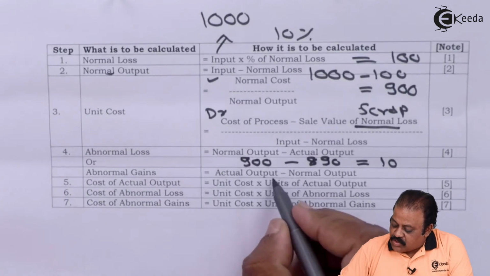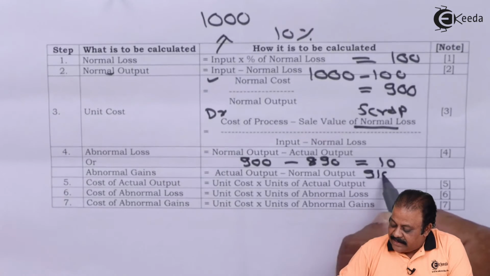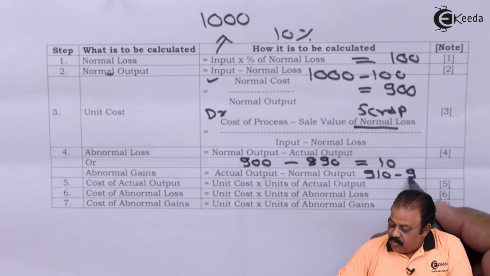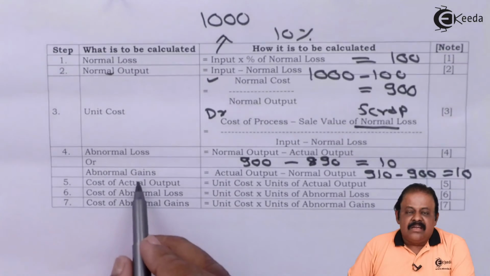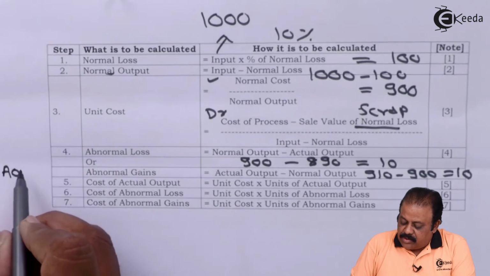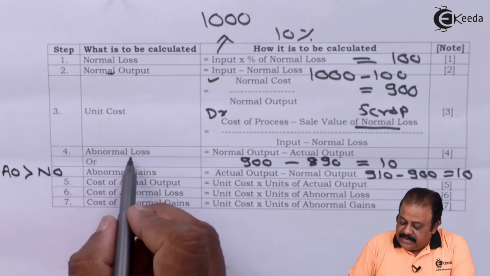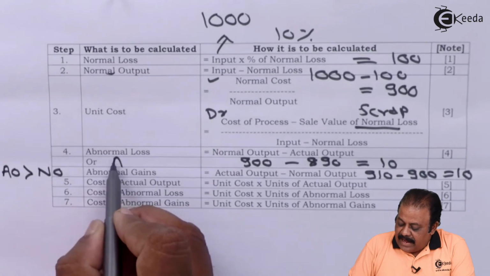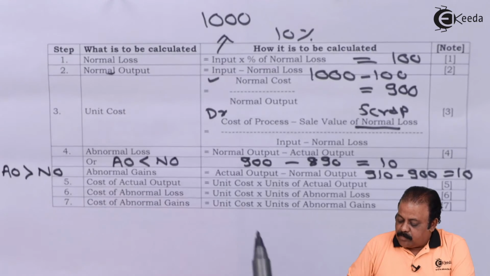Abnormal gain is actual output minus normal output. Actual output, say, suppose 910, expected was 900, so here 10 units is abnormal gain. That means here actual output is greater than normal output. In case of abnormal loss, actual output is less than normal output.